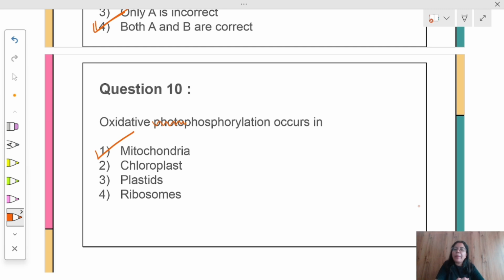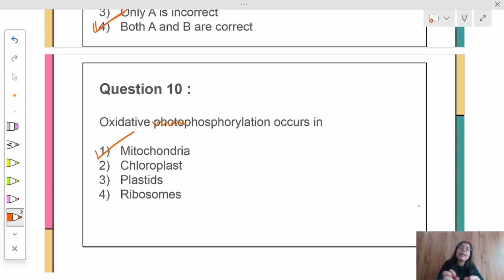Then one more type of ATP synthesis is called photophosphorylation. That is done by plants, and certain photosynthetic organisms like unicellular green algae or blue green algae, right? So they also can do photophosphorylation. Basically, photophosphorylation is ATP synthesis in the chloroplast due to absorbance of light energy.